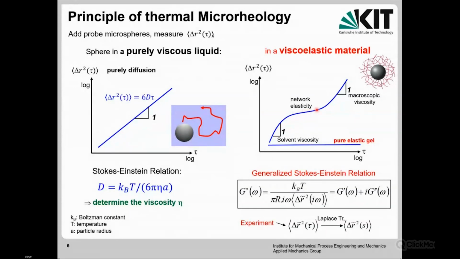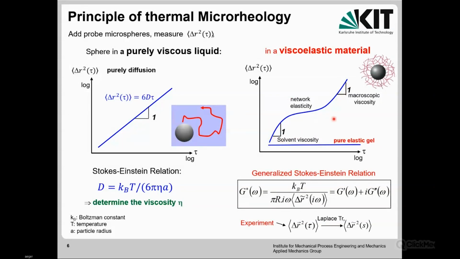At longer times, the tracer particle can escape this network and diffuse again, therefore again a slope of 1. This long-time regime corresponds to the macroscopic viscosity. So this is a typical MSD behavior for a viscoelastic material.